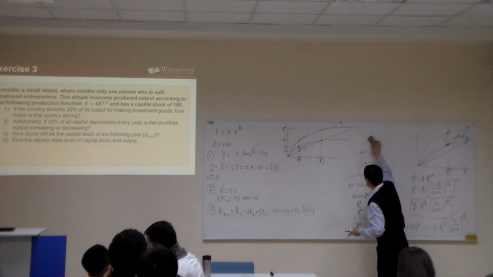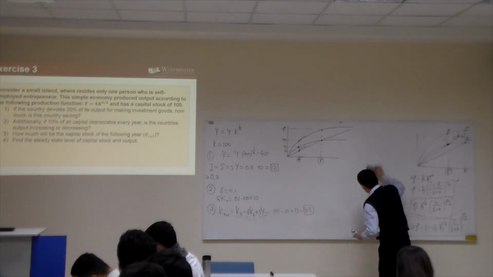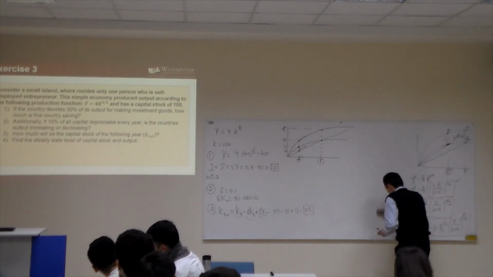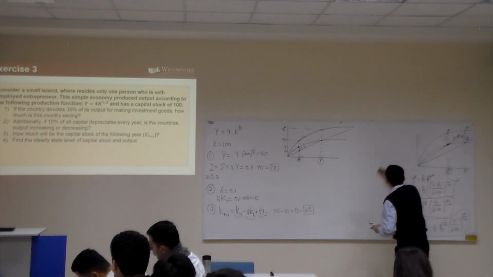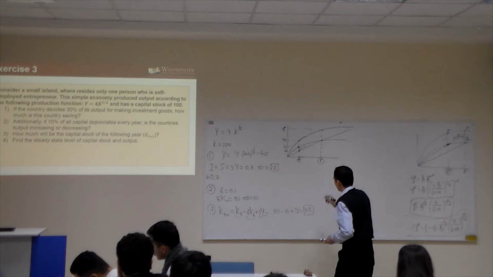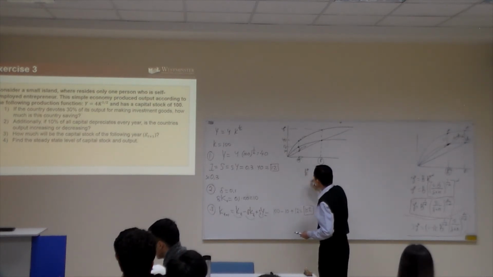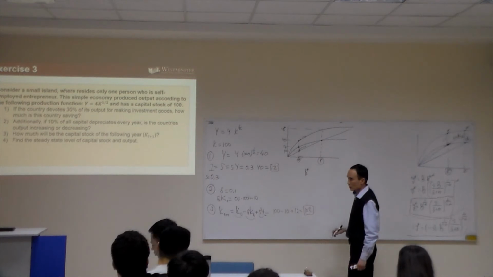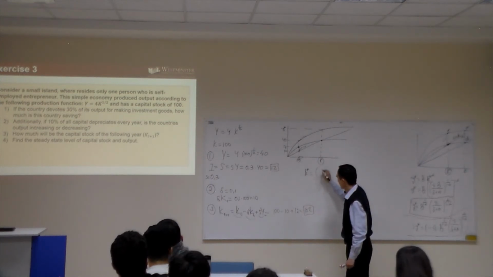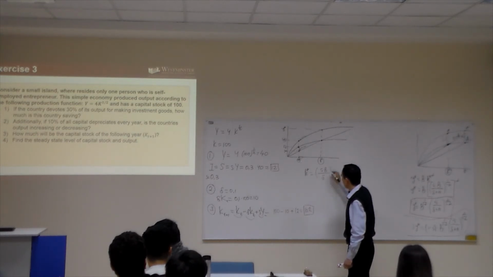If you look at the notes that you have taken, you already know what the steady state level equation is when population does not grow in the economy. We found that the steady state level of capital per worker is equal to the saving rate times technology over depreciation, in the power of 1 over 1 minus alpha.